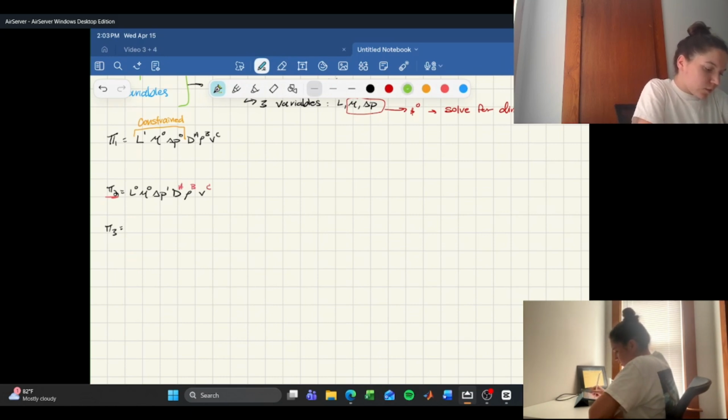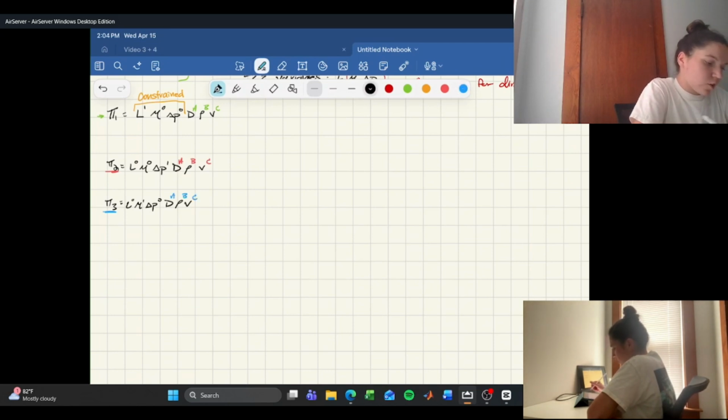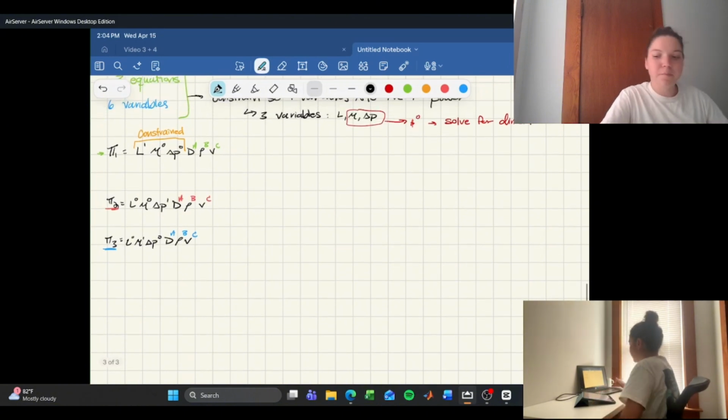I'll do these in different colors, that way it's easier to tell. But these are going to be different for each equation that we have. It's dependent on how we constrain the variables at the beginning here. So here's our 3 equations for the Buckingham Pi method.